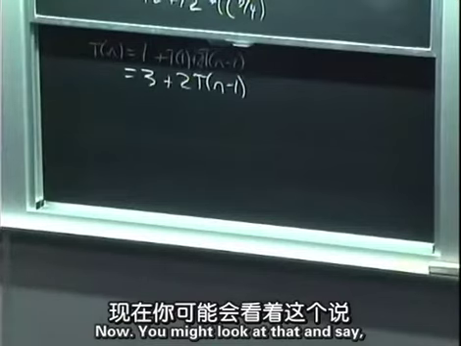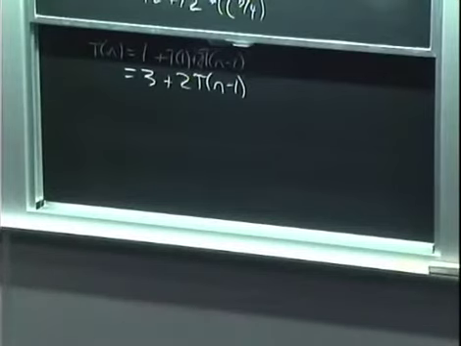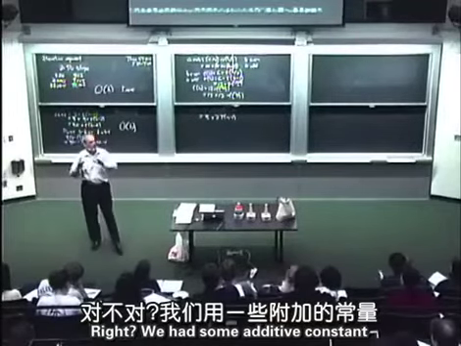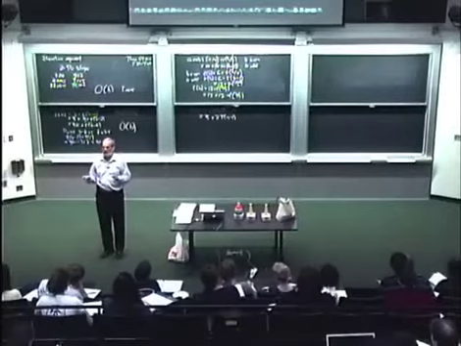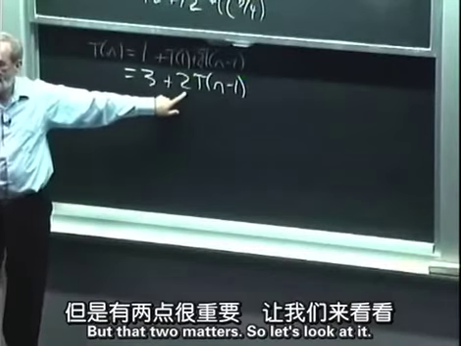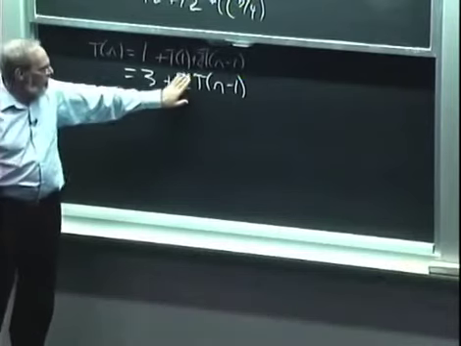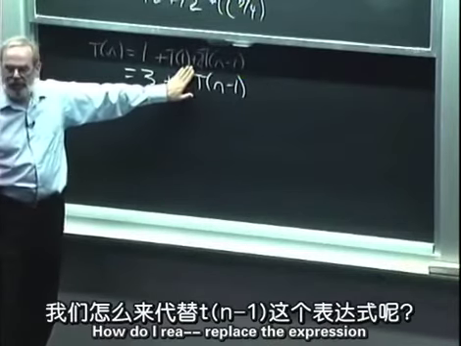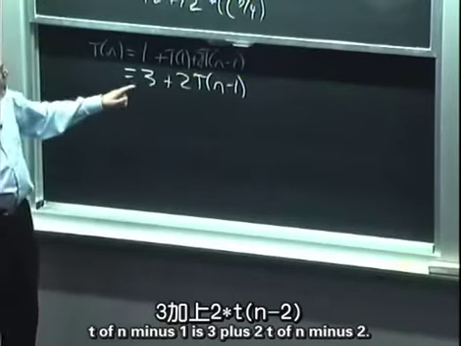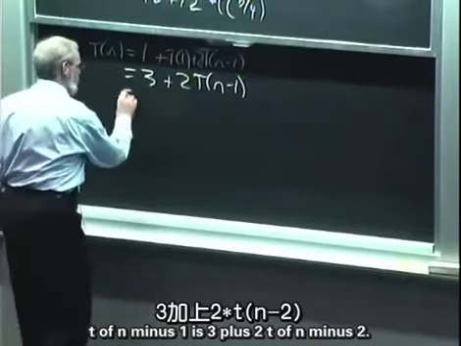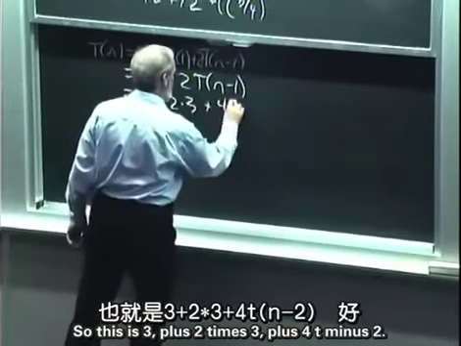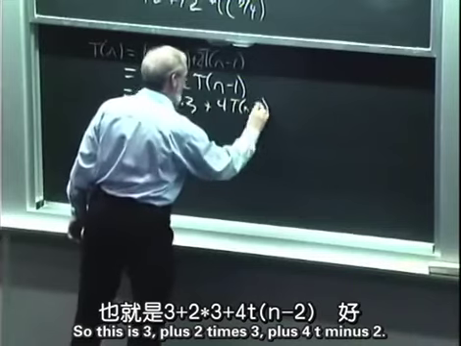Now, you might look at that and say, well, that's just a lot like what we had over here. We had some additive constant plus a simpler version of the same problem reduced in size by 1. But that, too, matters. So let's look at it. How do I replace the expression for t of n minus 1? Substitute it again. T of n minus 1 is 3 plus 2t of n minus 2. So this is 3 plus 2 times 3 plus 4t of n minus 2.